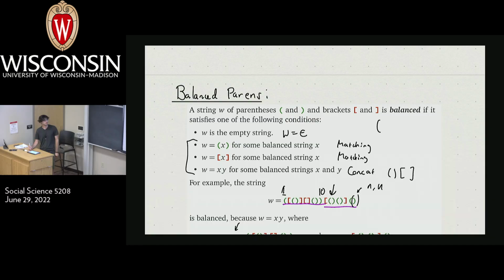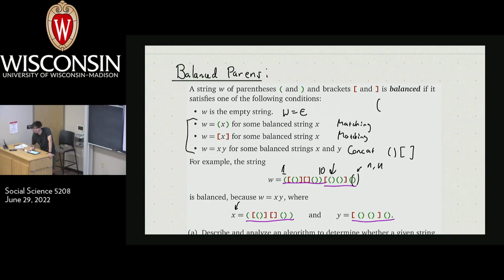But you could have like down there the last one is xy for some balanced strings. Oh wait, never mind, because there's only Right. So the issue with using the last case is that a left paren doesn't satisfy the other cases. But you should just use your intuitive understanding of what balancing is. You don't have to worry too much about the recursive definition. If your program compiles, it was balanced.